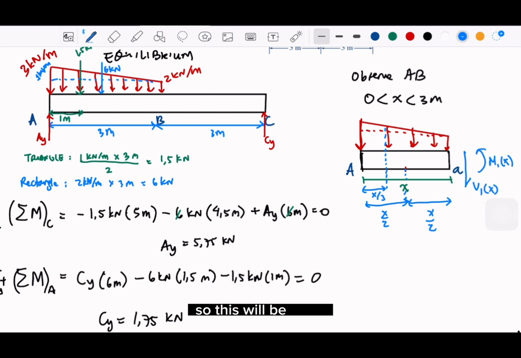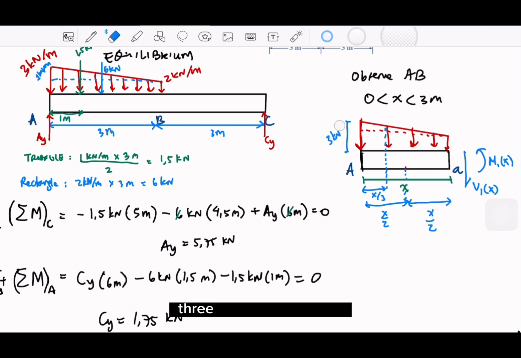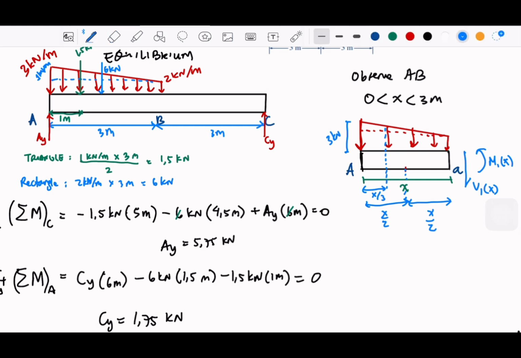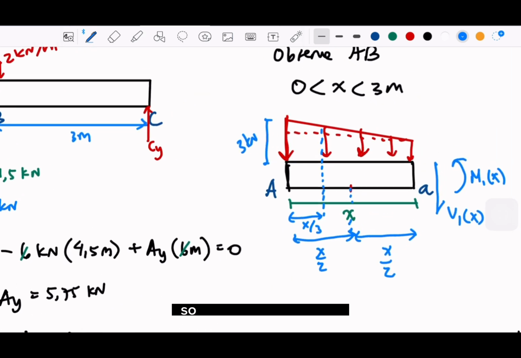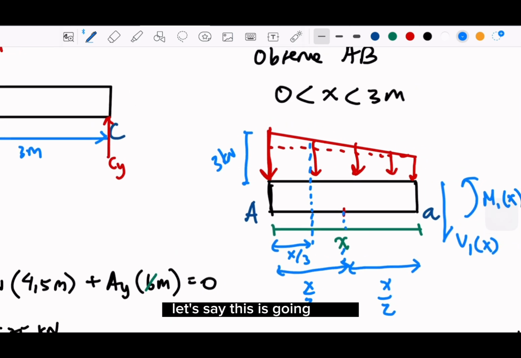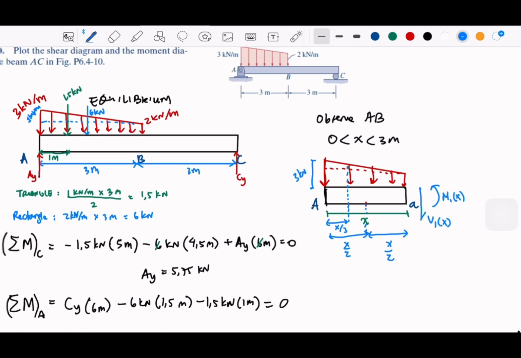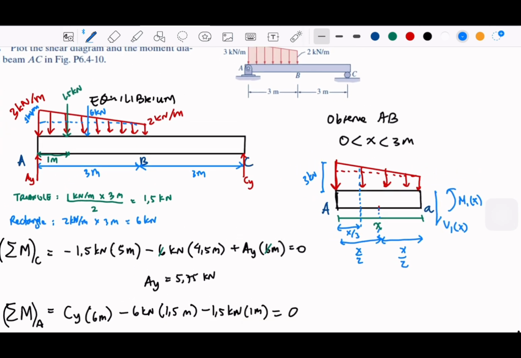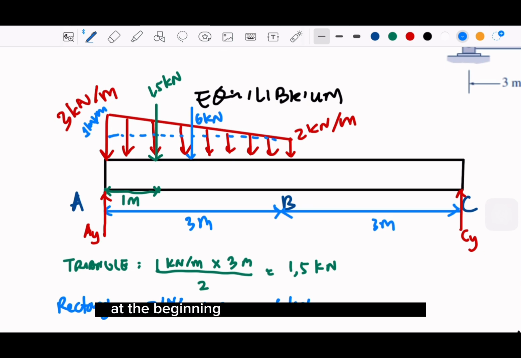Okay. So this will be 3. This is 3 kilonewton, sorry. And then so 3, and this will be, let's say, since we have at the beginning 1, we have 3, okay?